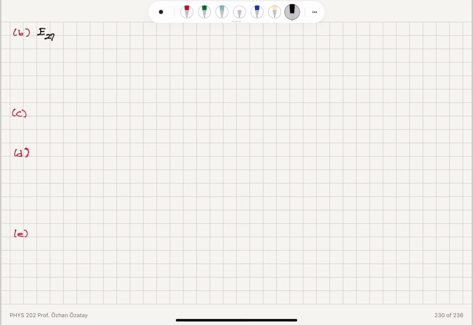Energy of the 273 level is minus 13.606 divided by 273 squared, which is minus 1.8256 times 10 to the minus 4 electron volts.